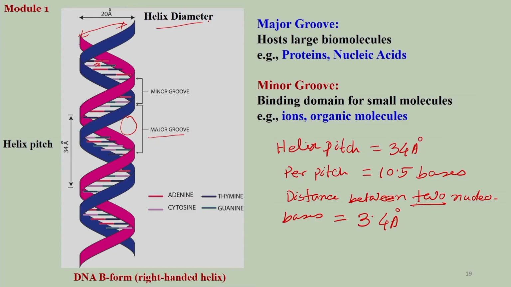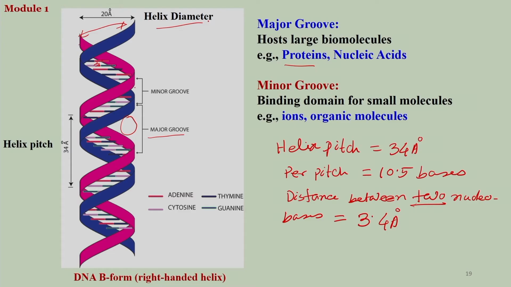These are very important because they are the positions where other molecules bind and do chemistry or biological transformations. The major groove is for the binding of larger molecules, for example, proteins or other nucleic acids like RNA and so on. So, larger molecules would bind to the major groove because it has a relatively larger pocket.